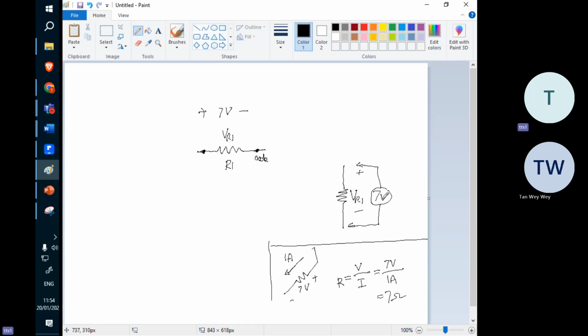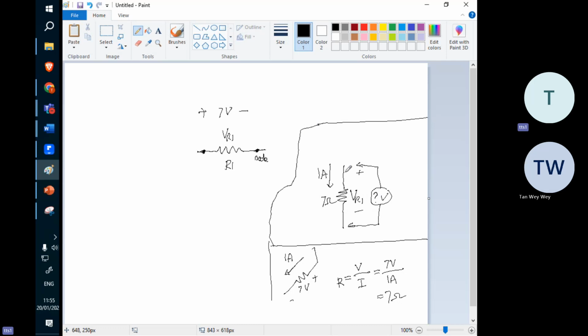And then here, let me give you a different one. Let's say I let you know that the current is 1 ampere and the resistance is 7 ohm. What is the voltage?